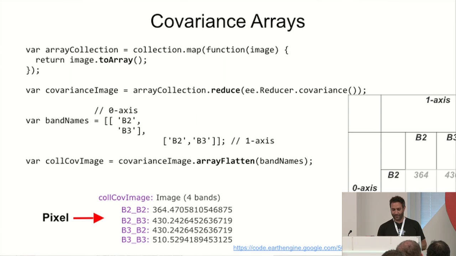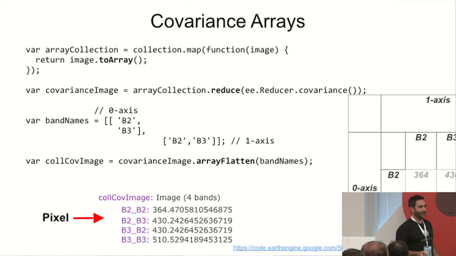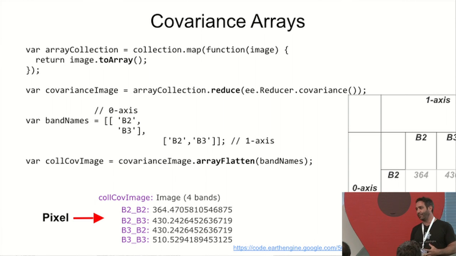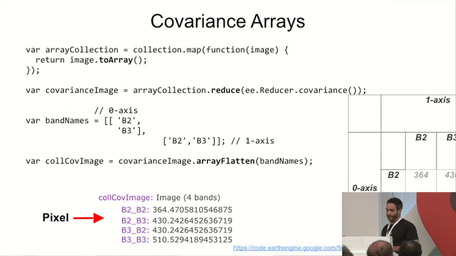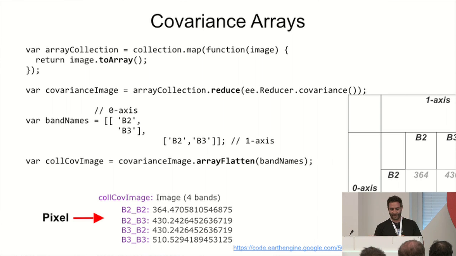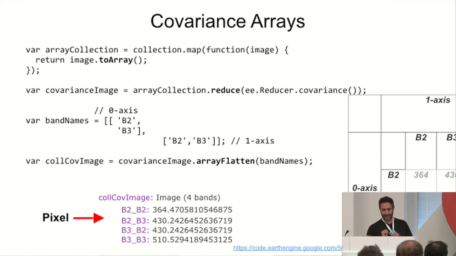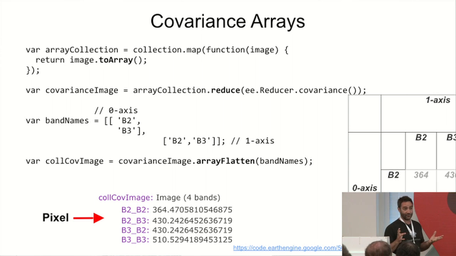Here's this covariance image that you get out, in which each pixel is storing this 2x2 thing. In this case, I'm assuming that the input images in that collection only have 2 bands. Here are our band names, and I've formatted it this way so you can see the analog to this row-column structure. We've got band 2 and band 3 on the 0 axis, and also band 2 and band 3 on the 1 axis. It's a covariance matrix, so it's symmetric.